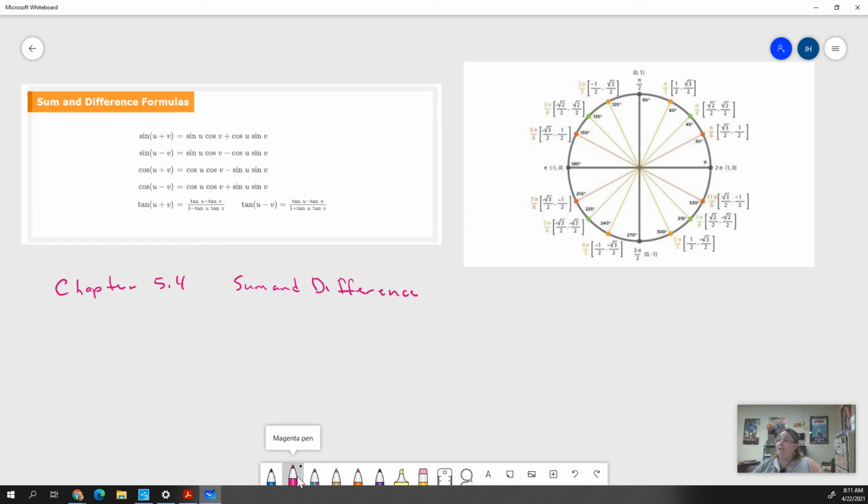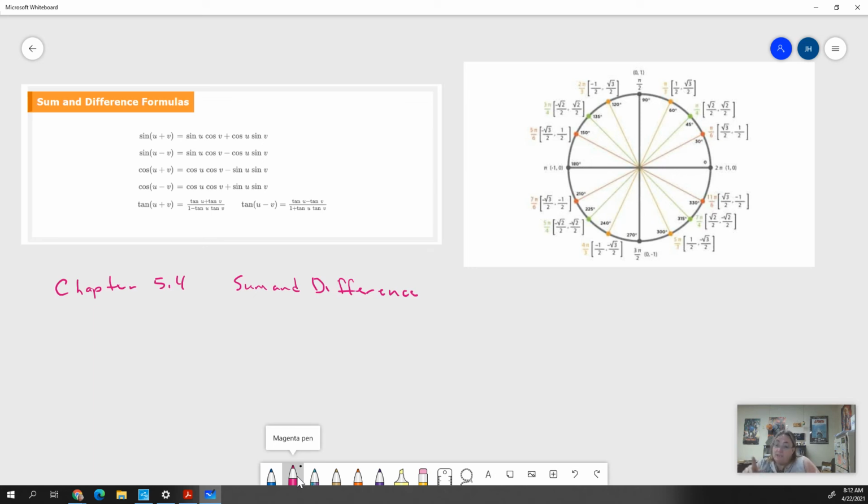And they look pretty complex. Like I have sine of u plus v equals sine of u times cosine of v plus cosine of u times sine of v, right? They all look a little crazy. The good news is you don't have to memorize these, right? You can always use this.